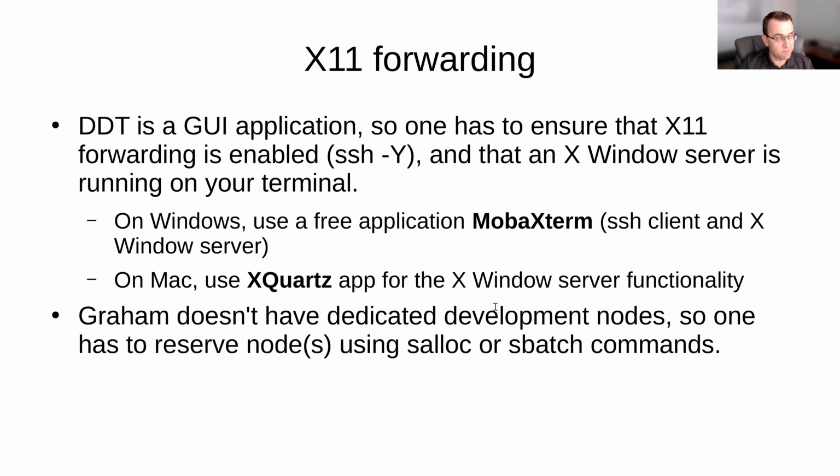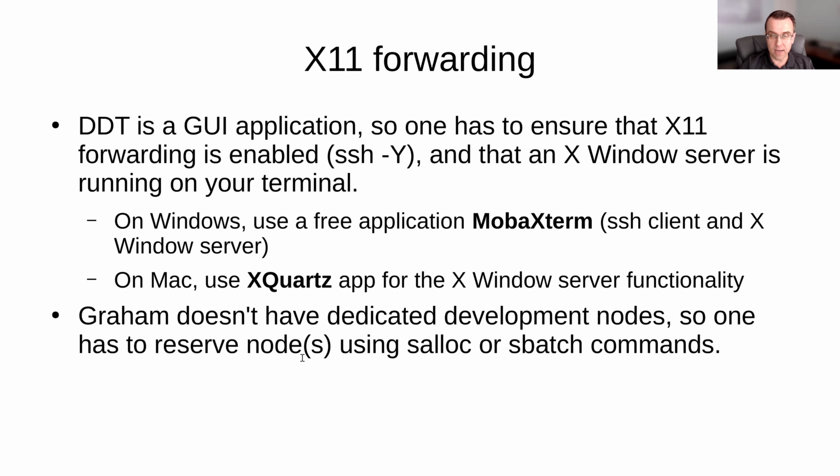You need VNC for a couple of reasons. First, if your internet connection is not particularly fast, it may be a bit laggy to use X11 forwarding. And second, there is at least one feature in DDT, the multidimensional array visualization, that uses OpenGL. It doesn't really work with X11, so one has to use VNC instead.